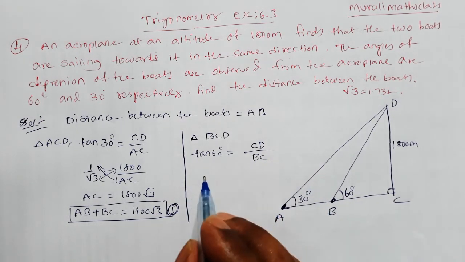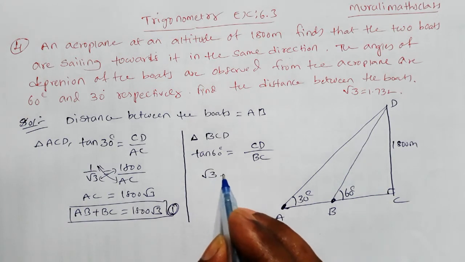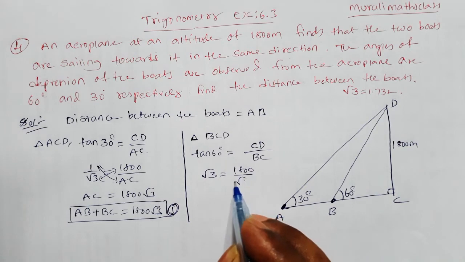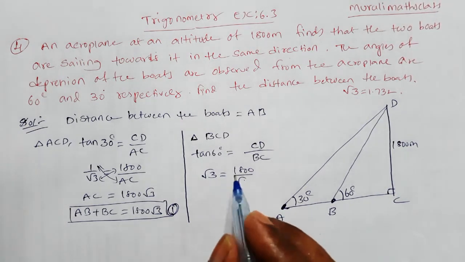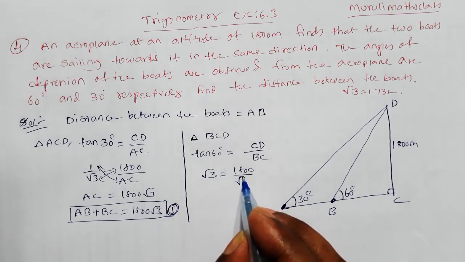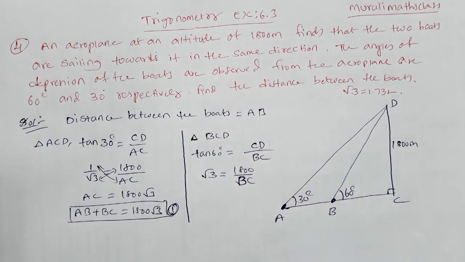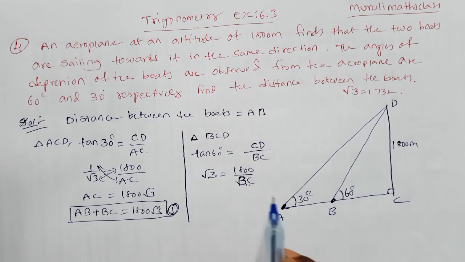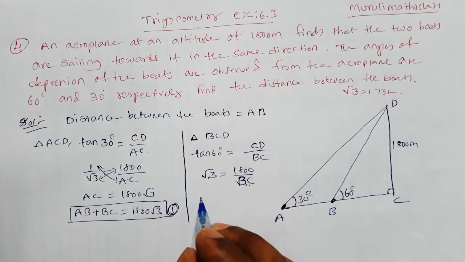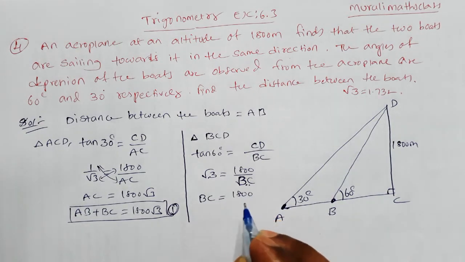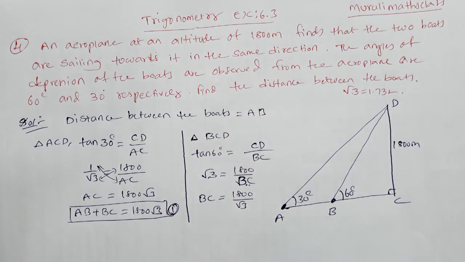Tan 60 is root 3. CD is 1800, BC we don't know, as it is. Root 3 is here. That means cross multiplication, and we will get the BC answer. BC equals 1800 divided by root 3.